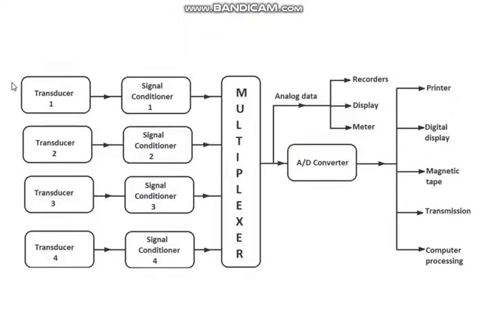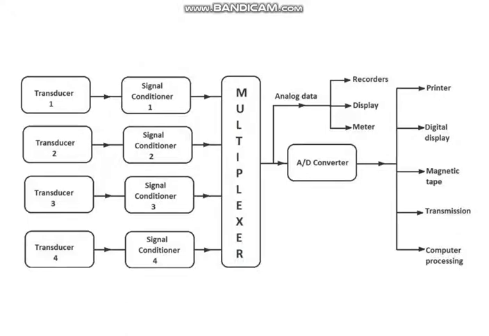A simple block diagram of my data acquisition system is put over here. So these are my transducers. Totally I've got n number of transducers. Suppose I'm going to monitor the crop, smart agriculture. I'll be measuring moisture, carbon dioxide content, and different parameters of the soil.